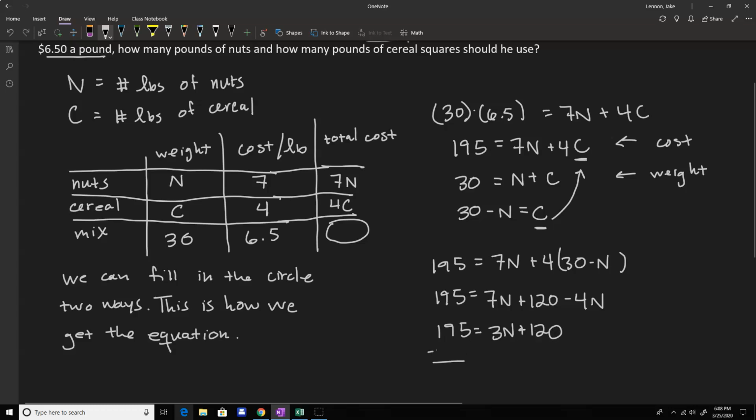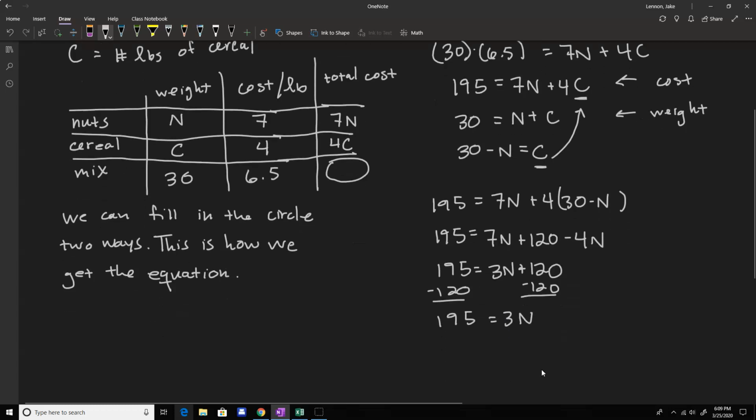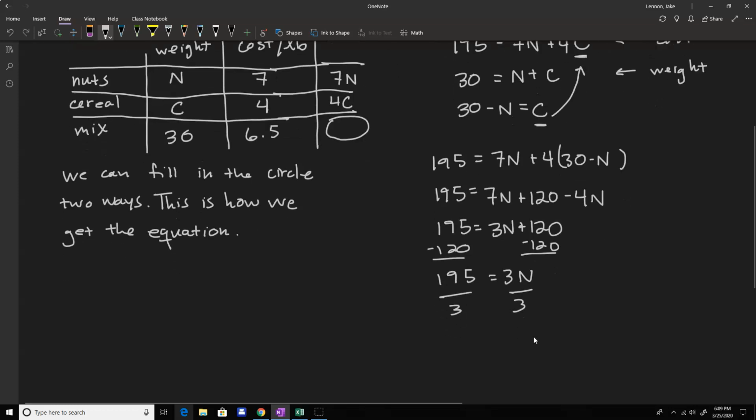We want to subtract 120 on both sides. So we have 195 equals 3N. And then we can just divide by 3. So the total weight of the nuts in the party mix is, it looks like 65 pounds.